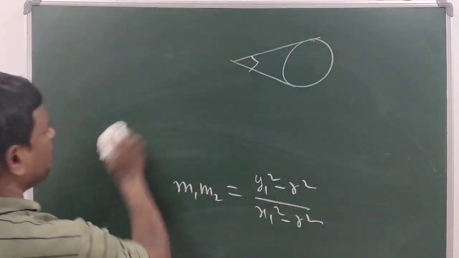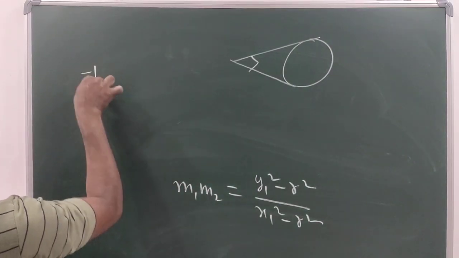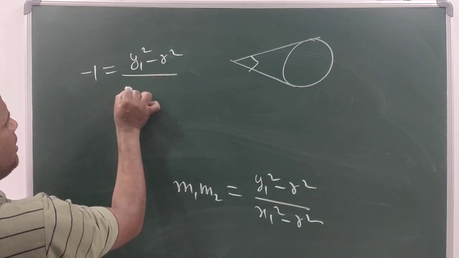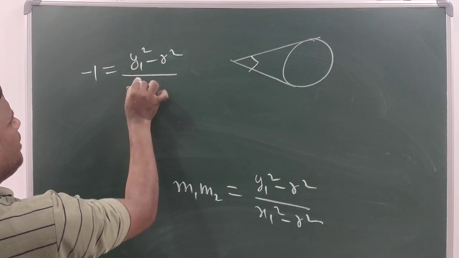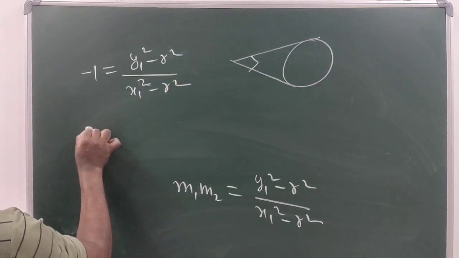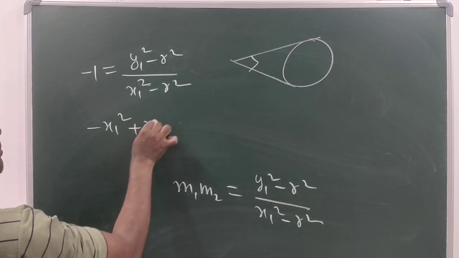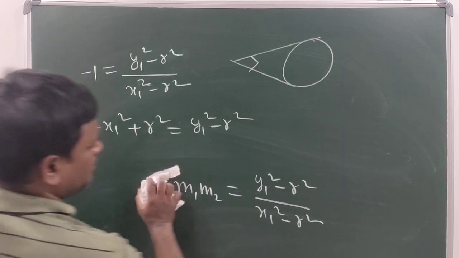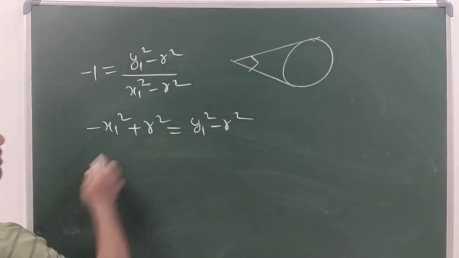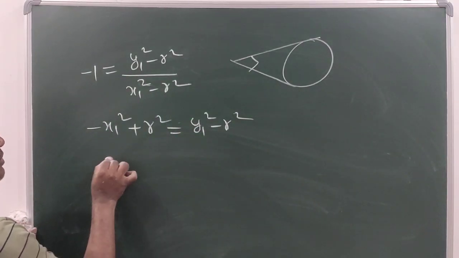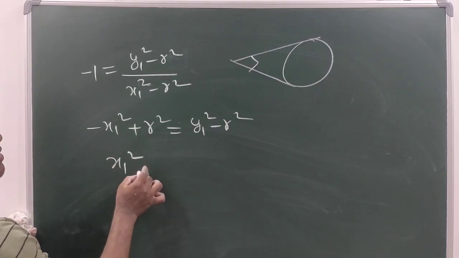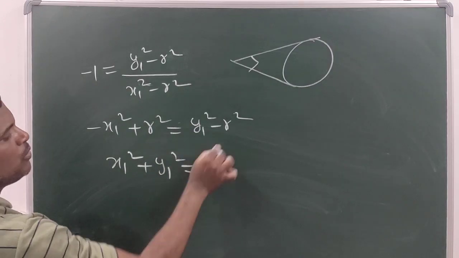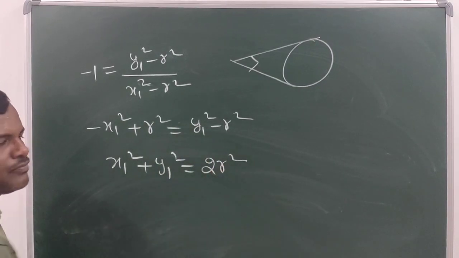So minus 1 is equal to y1 square minus r square by x1 square minus r square. Simplify: minus x1 square plus r square equals y1 square minus r square. Now if you simplify, what do we get? x1 square plus y1 square is equal to 2r square.